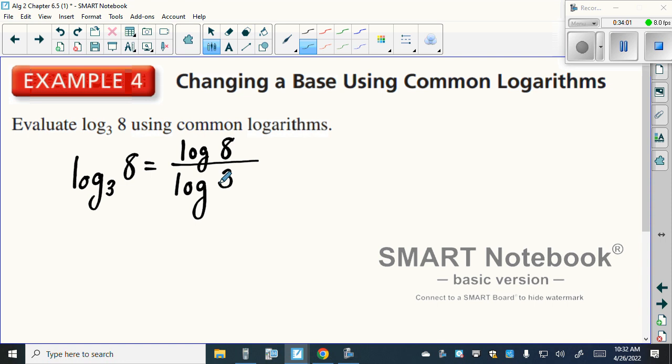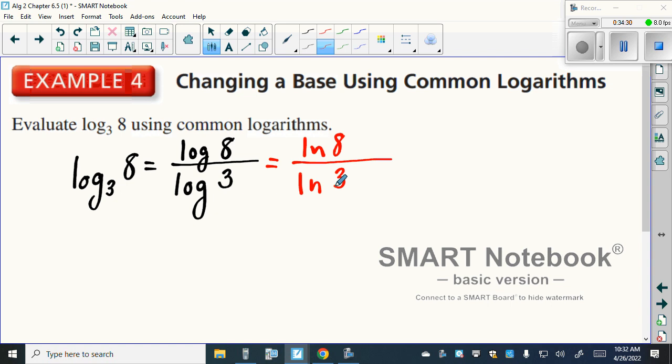We put the log of whatever the number inside is on top, and then we put the log of the base on the bottom. Ready to see this written as natural logs? It's the same thing. Instead of log, it's ln. And we get this here. Questions on this so far?